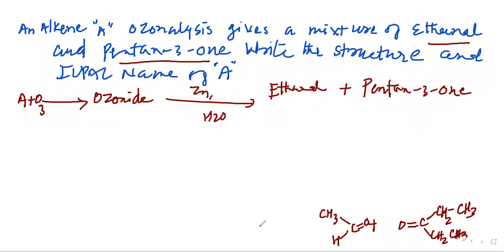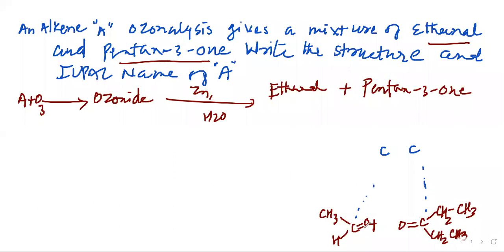When these two products are obtained, we can easily identify the ozonide. So what kind of ozonide may it be? Let us see. You can first show this carbon over here. Then you have this carbon, which we will bring here. This is the second carbon.